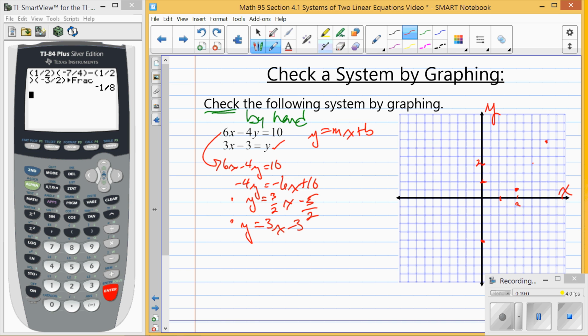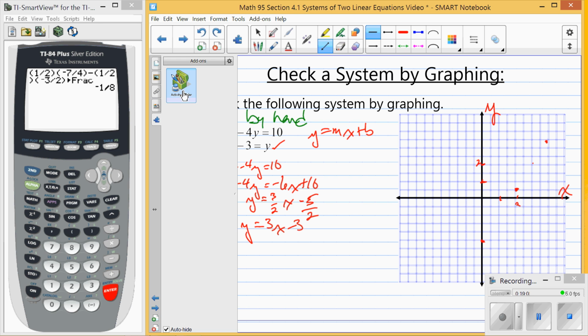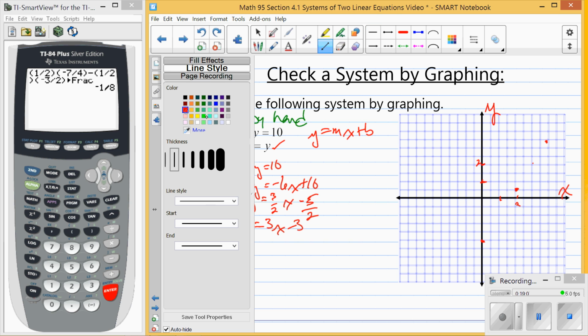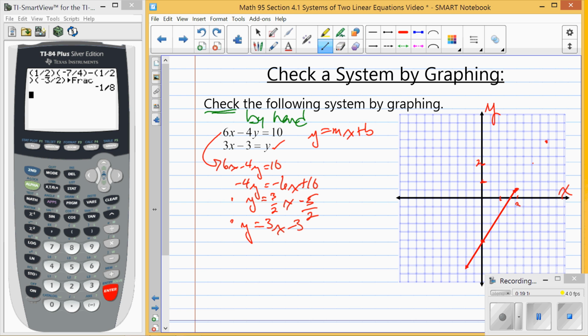And I'm going to use my line utility. Make sure I get the red that I want. And get some nice arrows on it. This line will do something nice like that. And then get back to my pen, pick a different color.